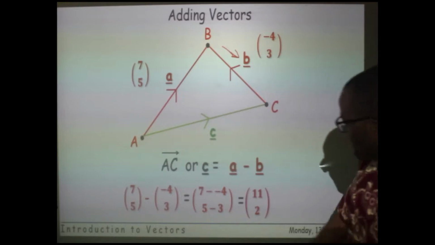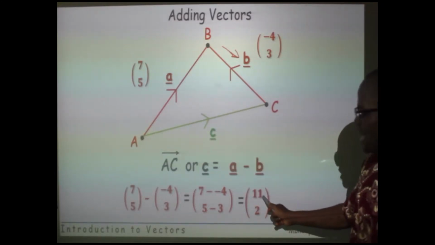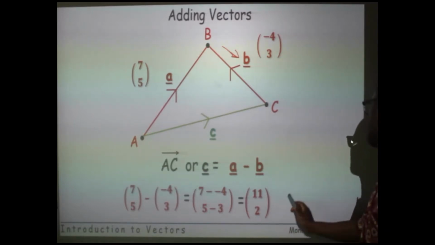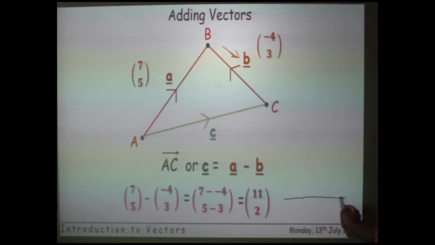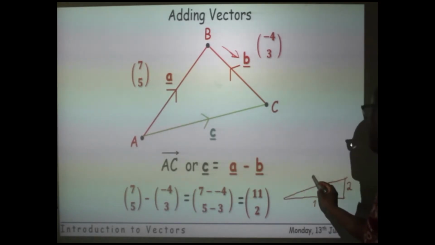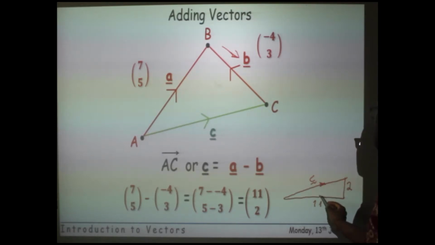And so vector C this time has components 11 and 2, meaning you have 11 along the x-axis and then 2 along the y-axis, and so that would be the vector C. Not forgetting the arrows, please.